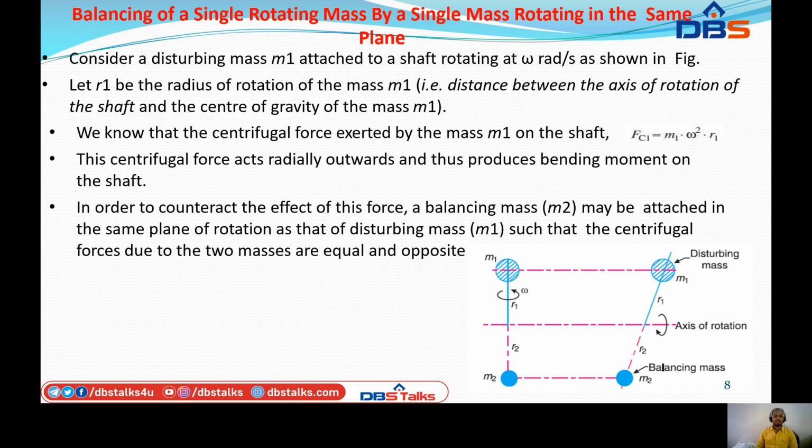This centrifugal force acts radially outwards and thus produces a bending moment on the shaft. In order to counteract the effect of this centrifugal force and avoid the bending of the shaft, a balancing mass, that is the second mass m2, is to be attached in the same plane of rotation as that of the disturbing mass, such that the centrifugal forces due to the two masses are equal and in opposite directions.